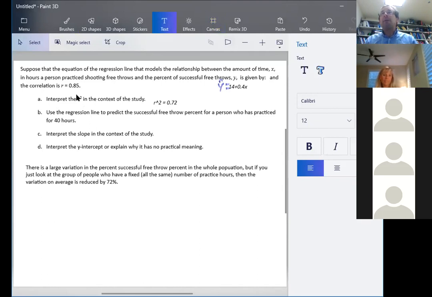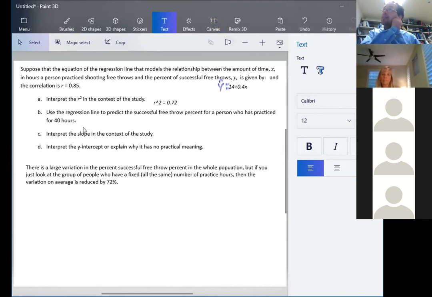Okay, unlike part A, part B is very simple. It has a little math, but simple math. It says use the regression line to predict the successful free throw percent for a person who has practiced for 40 hours.